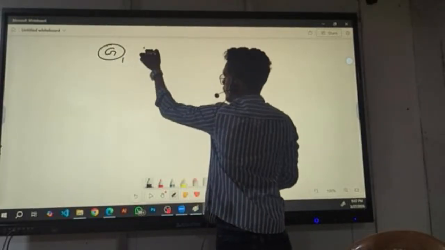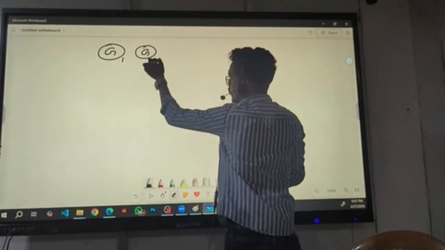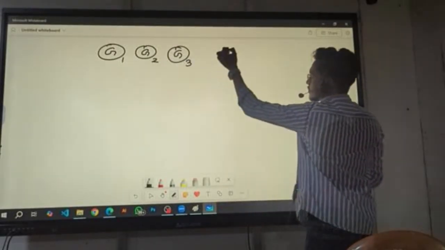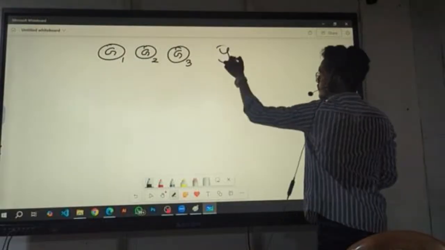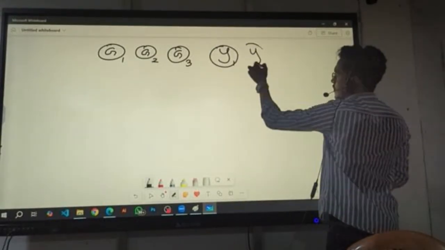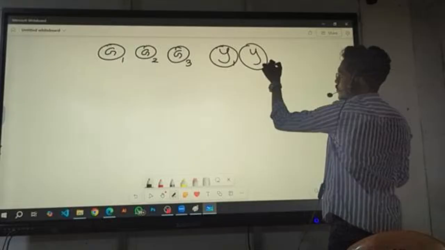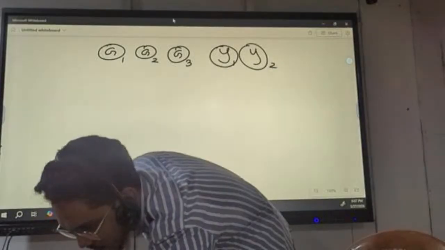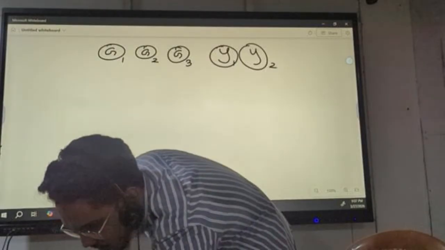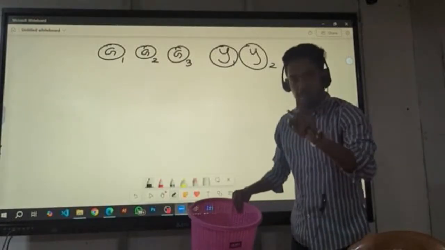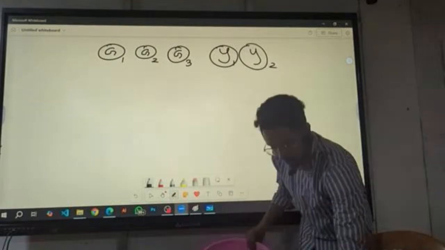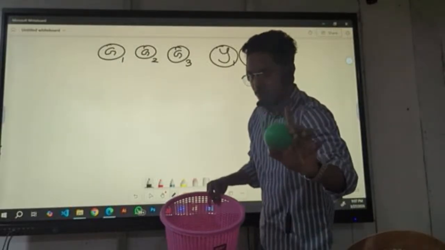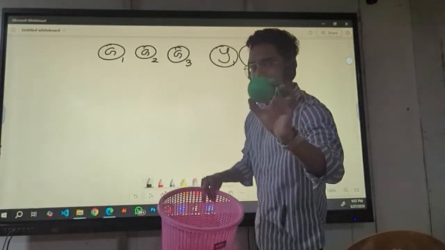G1, G2, G3, yellow 1, yellow 2. Now we are going to take only once. At the first time, we're going to take one ball, right? So let's assume I'm going to select this green color ball. See the story properly. First, I'm going to take this ball.